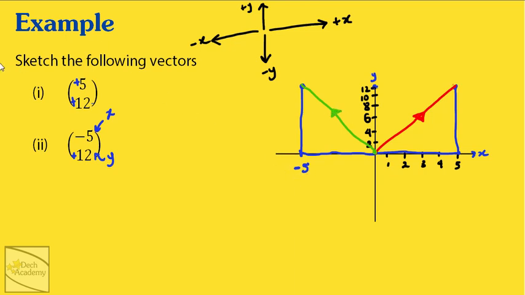So just to make things clearer, the length of this horizontal line that represents this +5 is 5 units. The length of this vertical line is 12 units.